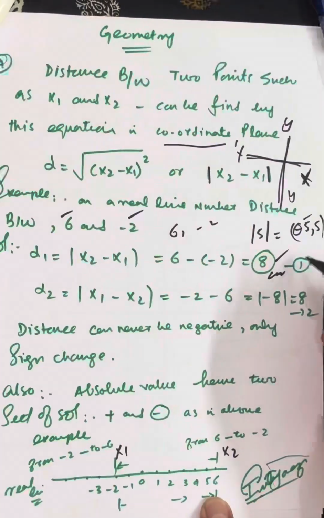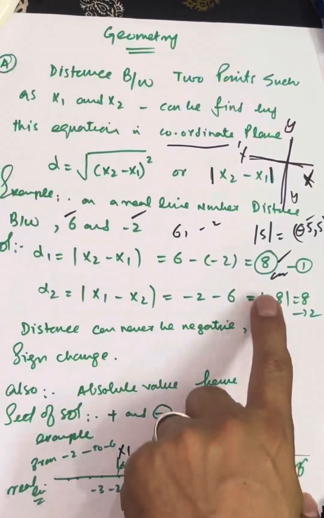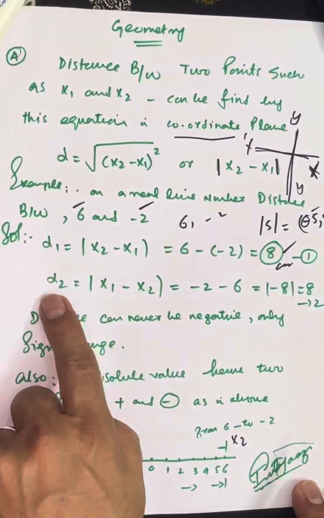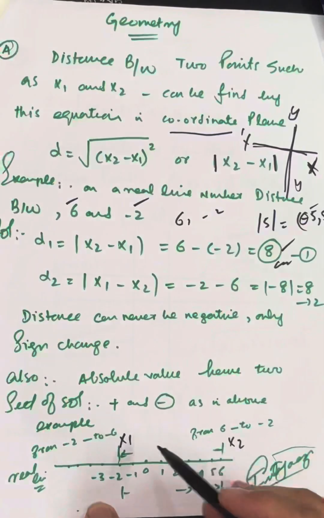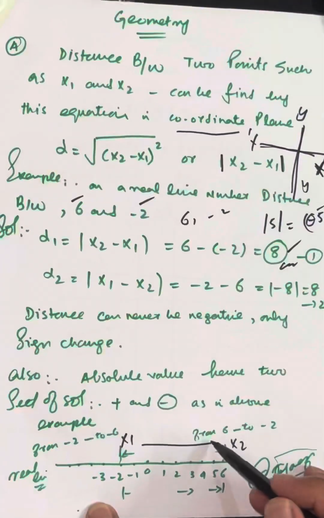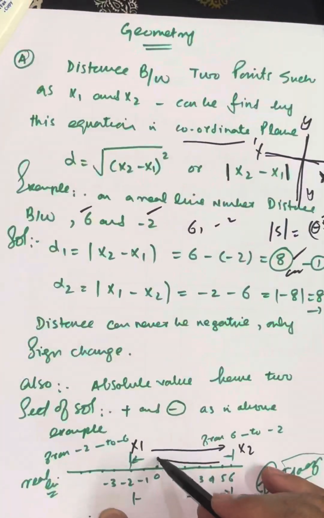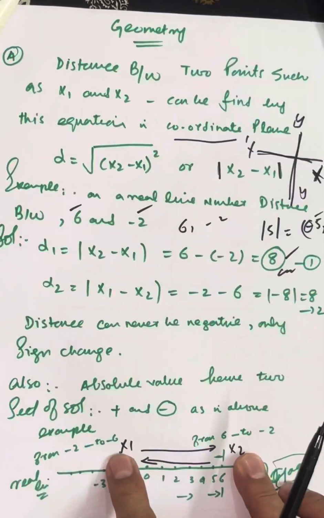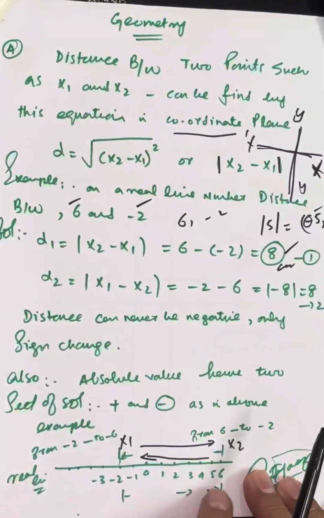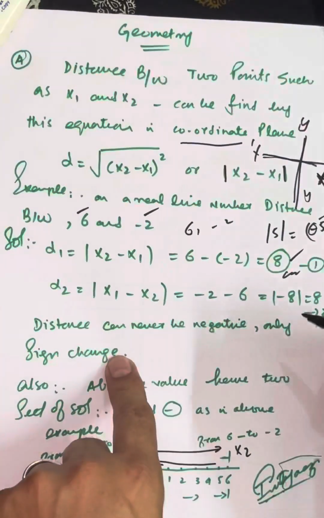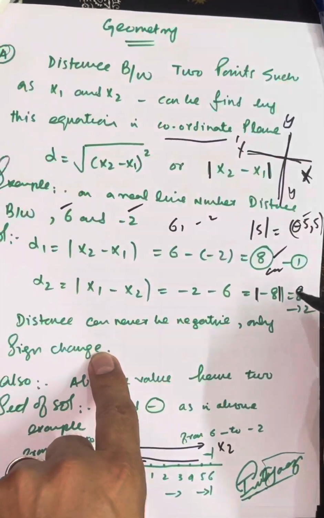Let's say 8 centimeter, 8 meter. And now we are going to try another solution from x1 this way. We did x2 minus x1, now we do x1 minus x2. So x1 is minus 2 minus 6, so it's minus 8, absolute, so it's also 8.